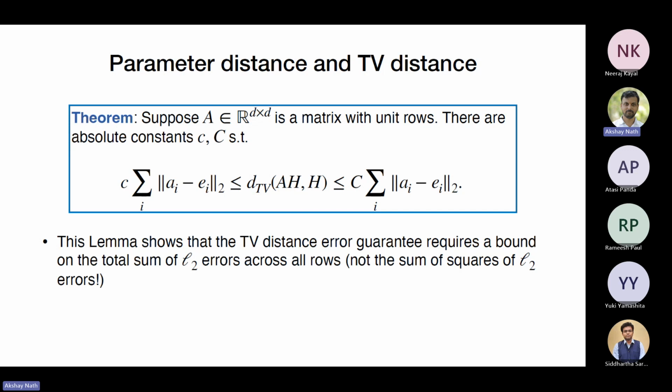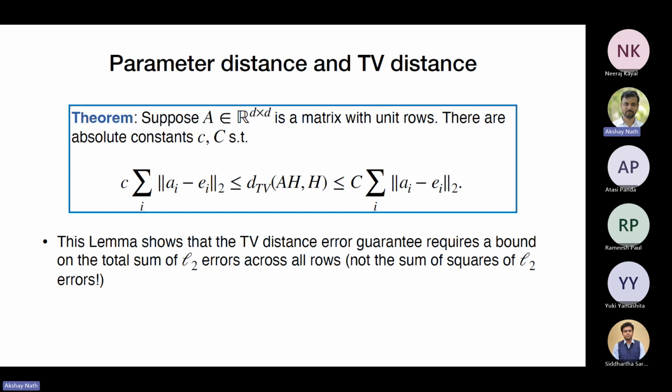But if we add them up, we have at most d dimensions. So if we add them up, we get at most d times poly epsilon, which is too large for TV distance. d can be very large, since we are in high dimension. It is both upper bounded and lower bounded by this.